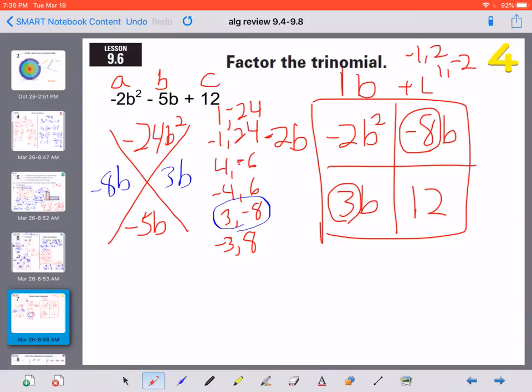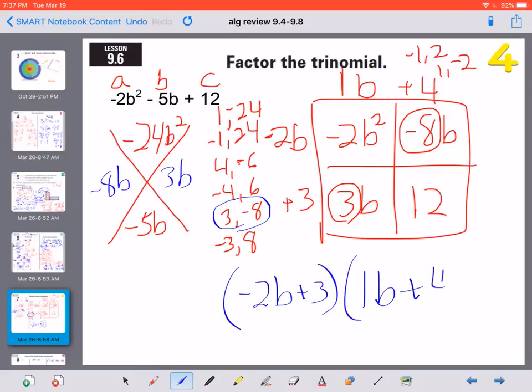Well, that's positive 4. 1 times what gives me 3? That's a positive 3. 4 times 3 is then equal to 12. So our factors then are negative 2b plus 3 and 1b plus 4.